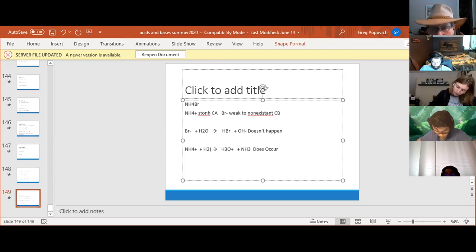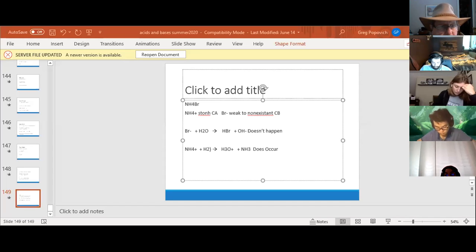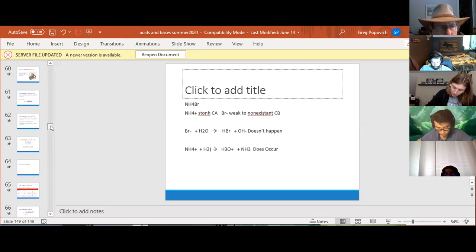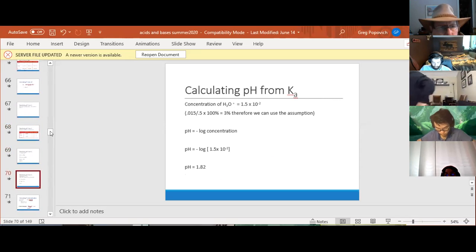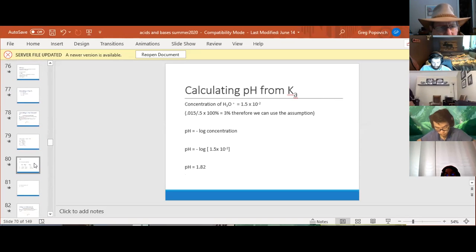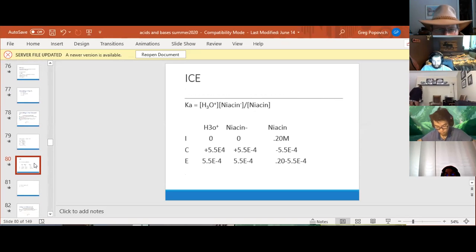I believe, ladies and gentlemen, that we left off... I've got to figure out where we left off. And hopefully it's with that stuff we were just talking about. Nope, not quite this far, I don't think. Yep. Are we all sick of our ICE diagrams yet?